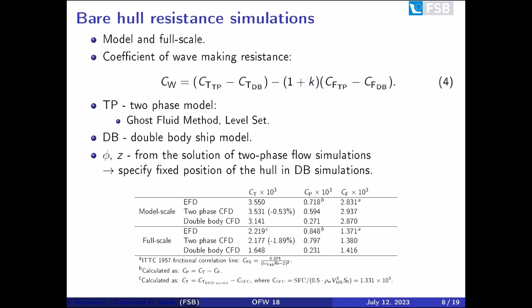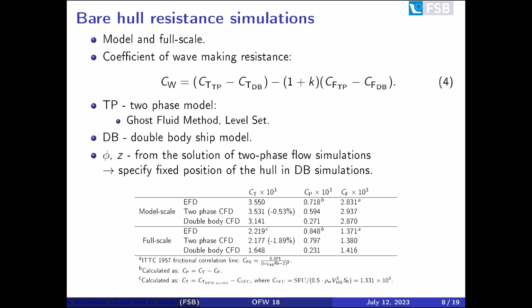As the double body model approach is employed to perform self-propulsion simulations later on in the study, bare hull resistance simulations with and without free surface are performed in order to estimate the wave-making resistance component.